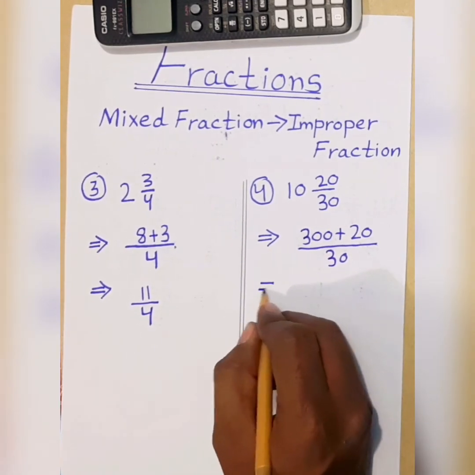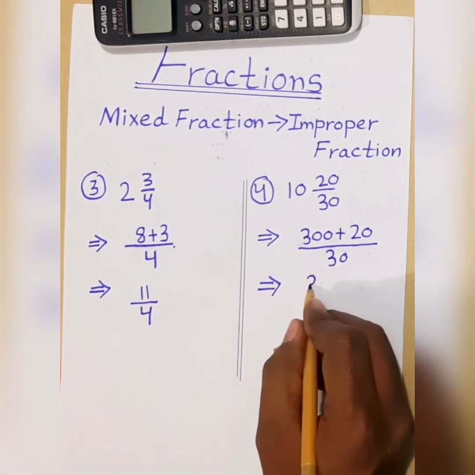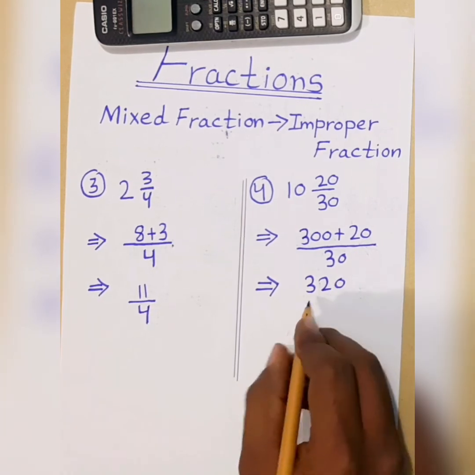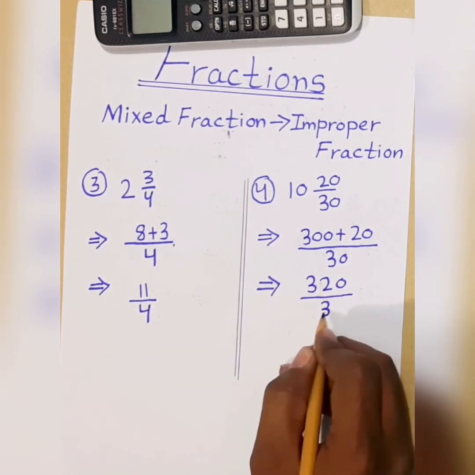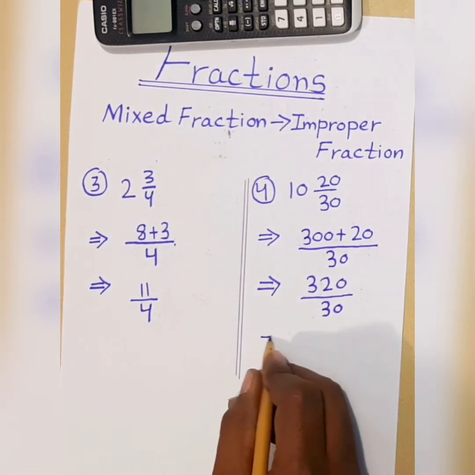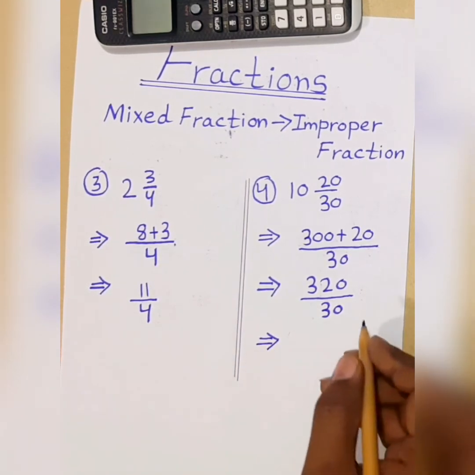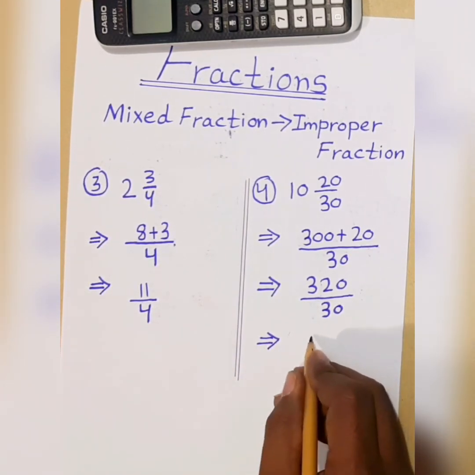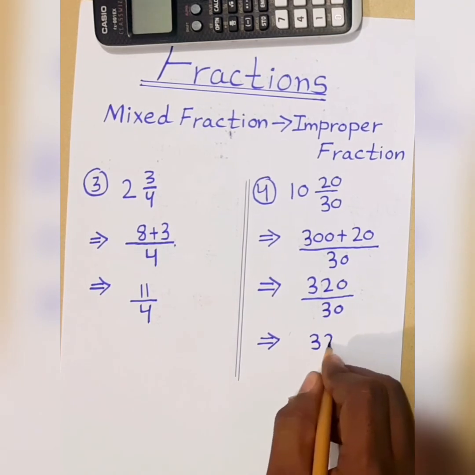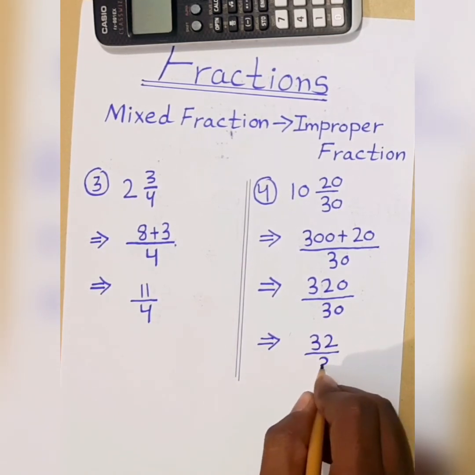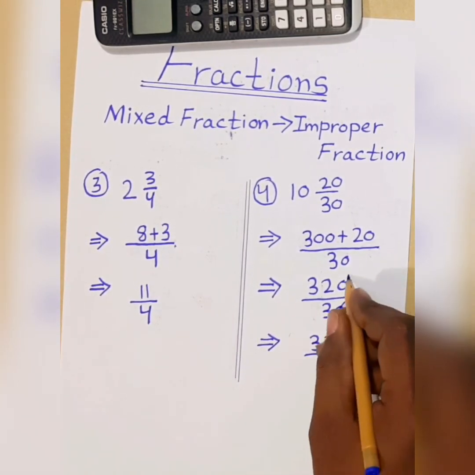So the answer will be 320 divided by 30. And when we get this answer, we can also simplify it. So the answer will be 32 upon 3 by cancelling these two 0s.